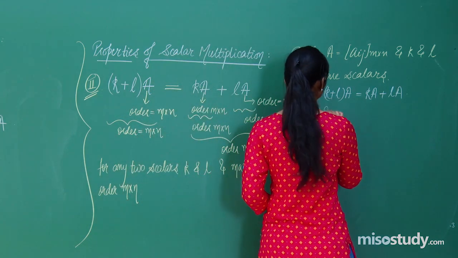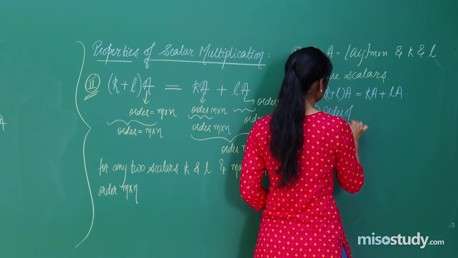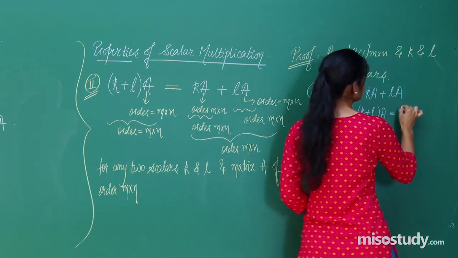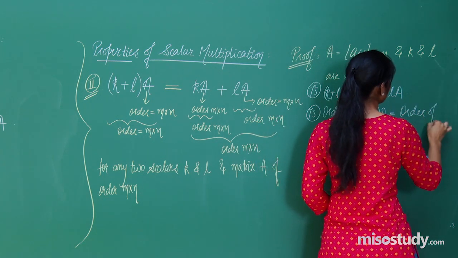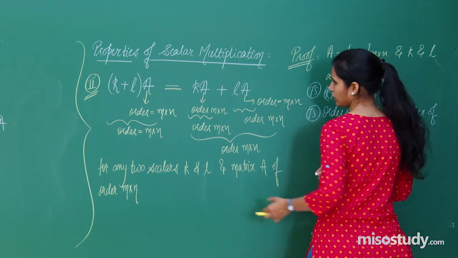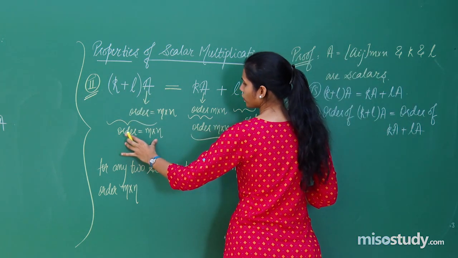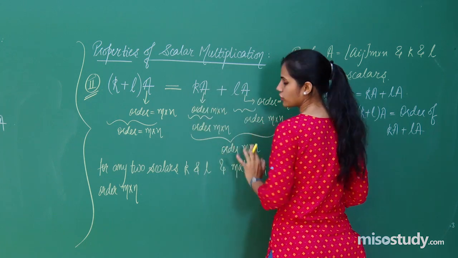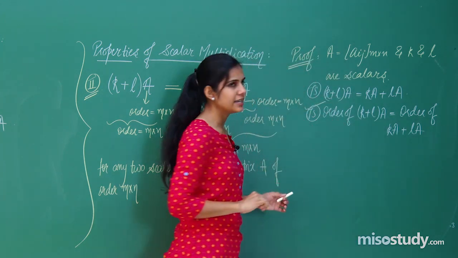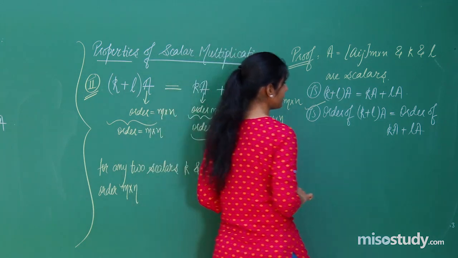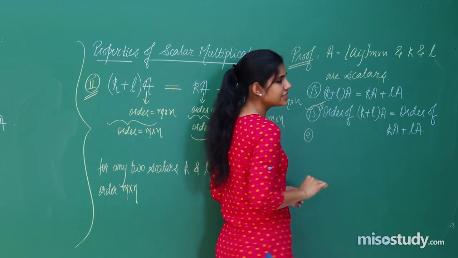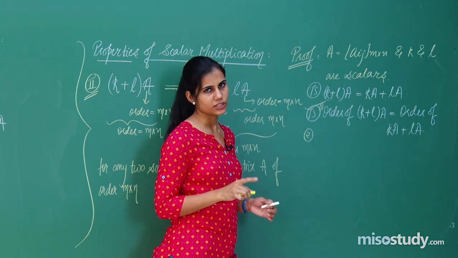So first of all, I have to show the order of K plus L times A is same as the order of Ka plus La. Now see, the order of K plus L times A is m cross n, and the order of Ka plus La is also m cross n. So this thing is already proved that the order of K plus L times A is always equal to the order of Ka plus La. So this one thing is done. Second thing is that the element sitting at each and every respective position is also same.